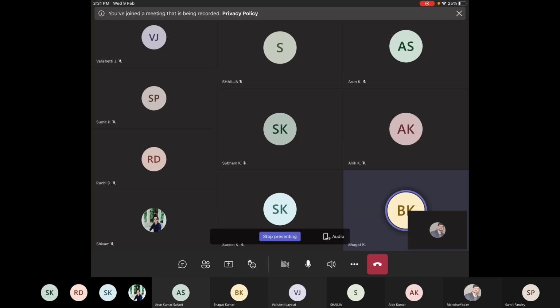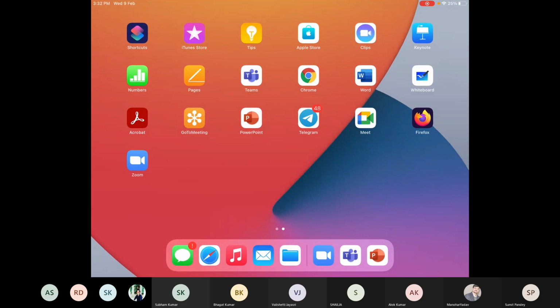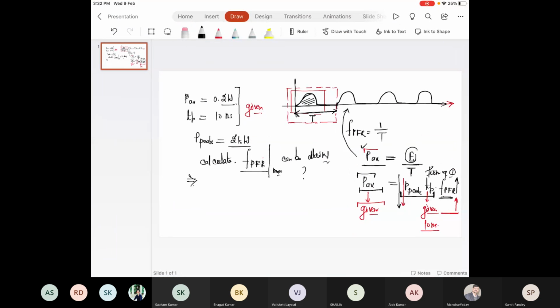Be regular in class, okay? Otherwise, it will be difficult to catch up with the concept. Yes, sir. Okay, please mute and try to solve this. Subham, have you solved this? Yes, sir. How much are you getting? 10 to the power 4, 10 kilohertz, sir.